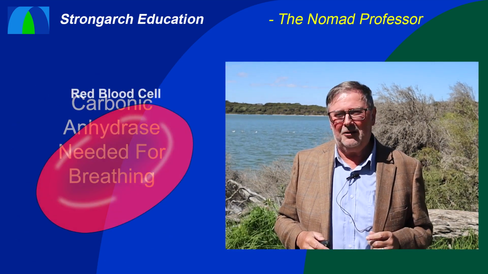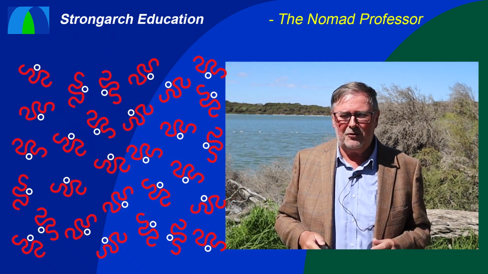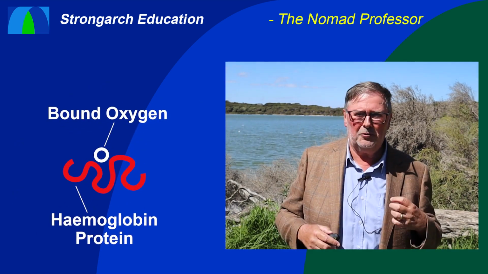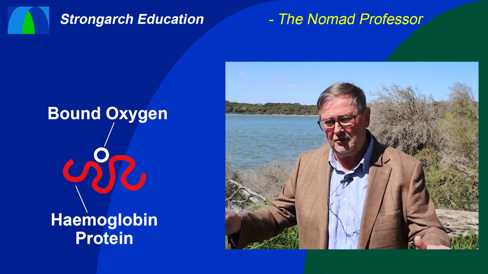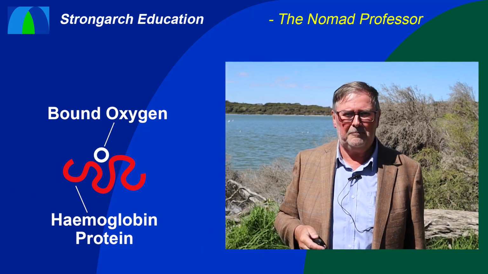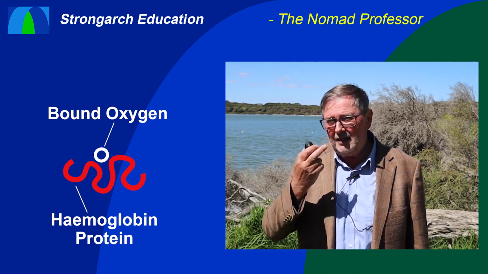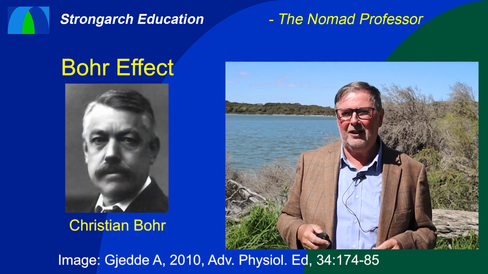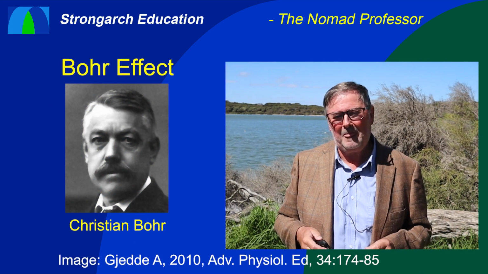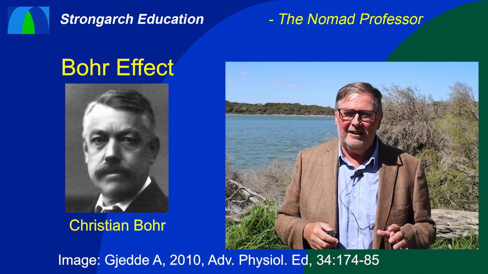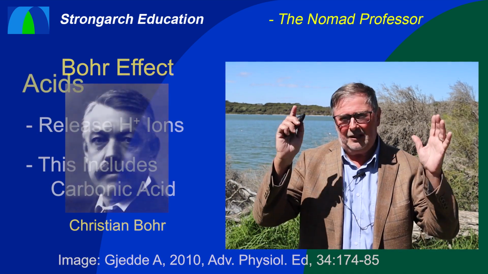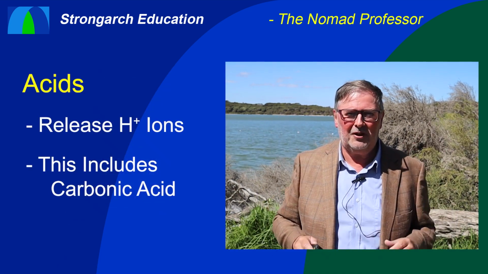Now you probably know that haemoglobin transports oxygen, that it picks up oxygen in the lungs and it transports the oxygen in red blood cells round to the rest of the body. What you might not know about is something called the Bohr effect, named after the clever scientist who discovered it many years ago. Now it turns out that acid, hydrogen ions from acid, that's what really an acid is, something that produces lots of hydrogen ions.